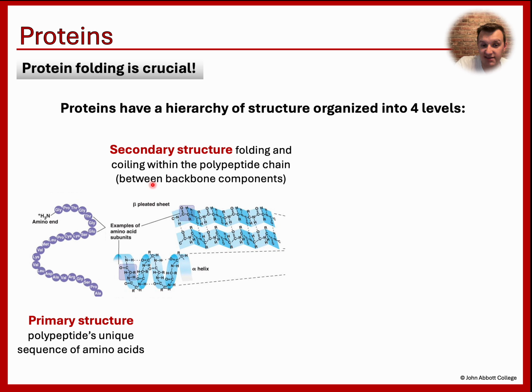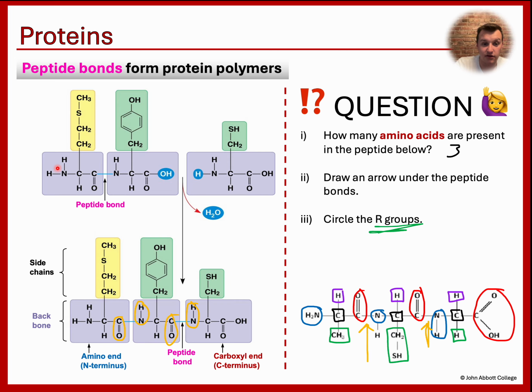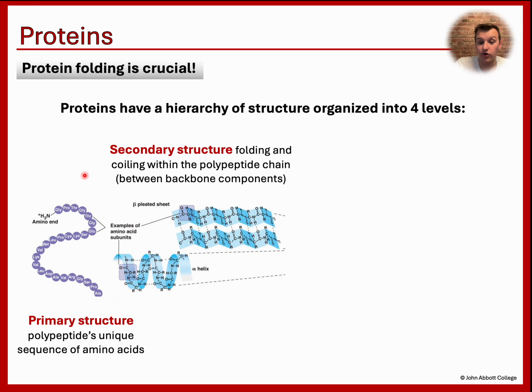This is between the backbone components, not the R groups, but the actual backbone, like this purple section. So between the amino groups, the carboxyl group, the hydrogen and the carbon here, that will cause different secondary structures. Maybe they'll interact in a certain way.